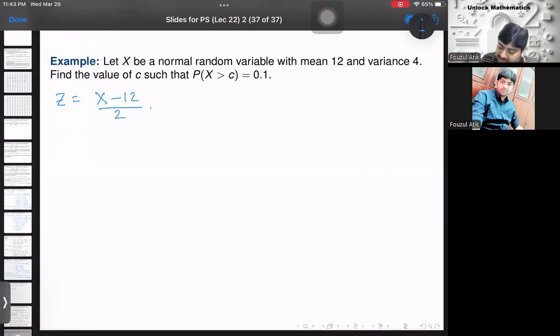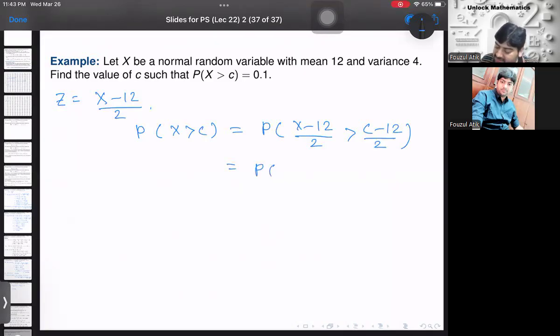So it is given that p of x greater than c. I wanted to convert it into standard normal. So (x minus 12)/2 is greater than (c minus 12)/2, and that means p of z is greater than (c minus 12)/2. But this probability is given as 0.1.